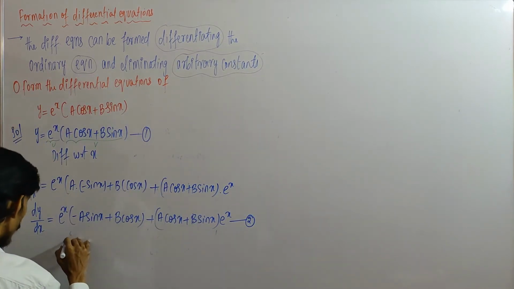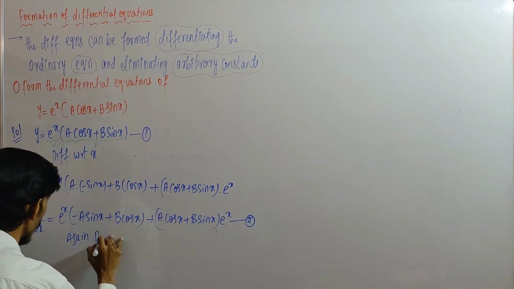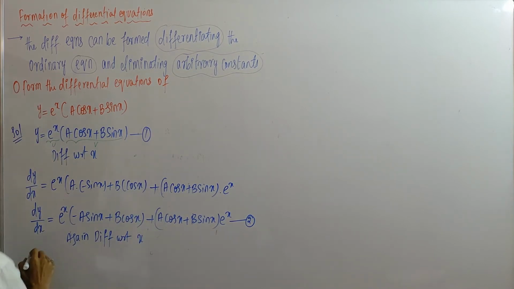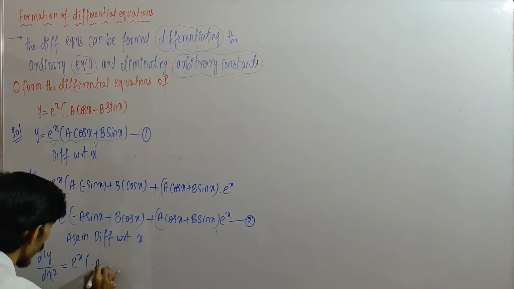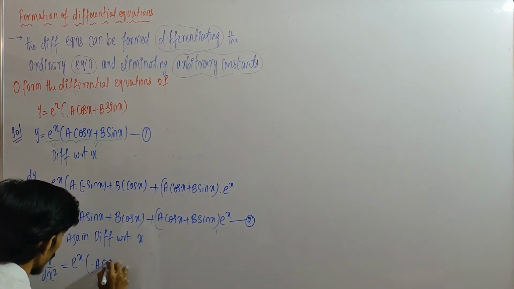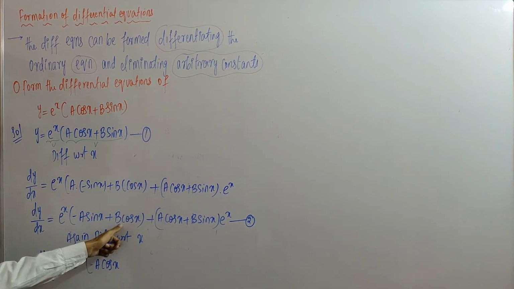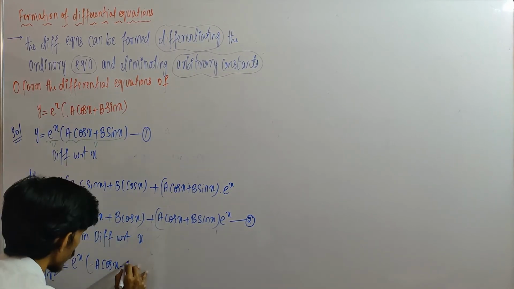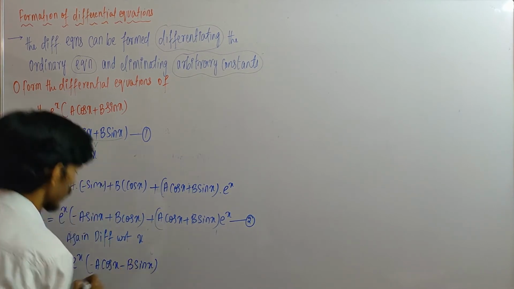Now again differentiating with respect to x. This will become d square y by dx square is equal to, here we have two functions. So leaving the first function, differentiating the second one: minus a is a constant, the derivative of cos x is minus sin x, so minus a sin x. Here we have b, the derivative of sin x is cos x, so this will become plus b cos x.